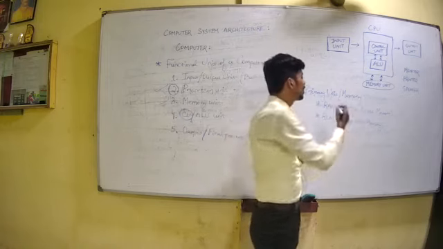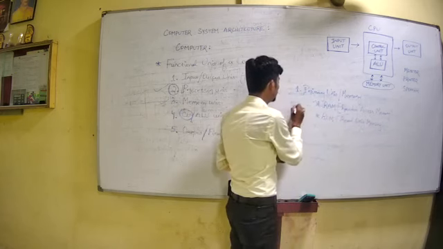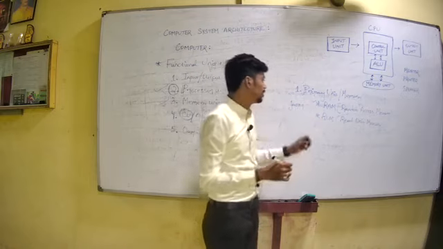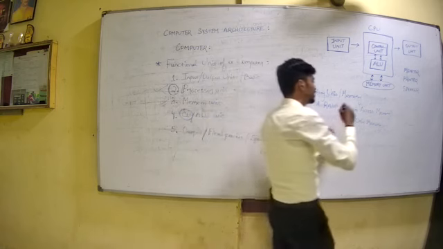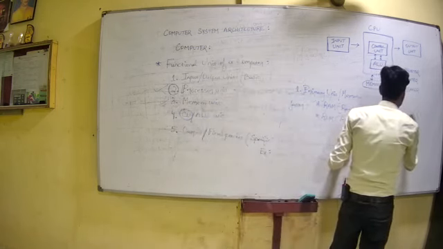Why RAM? Because RAM is faster than ROM. One disadvantage of RAM is it is non-volatile.